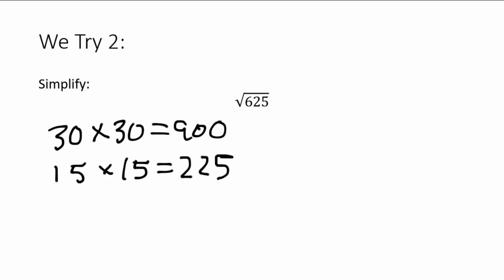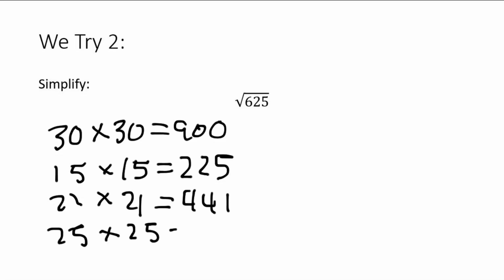Okay, let's try 21. 21 squared is 441. Okay, we're getting closer. Let's try 25. 25 times 25 is 625.